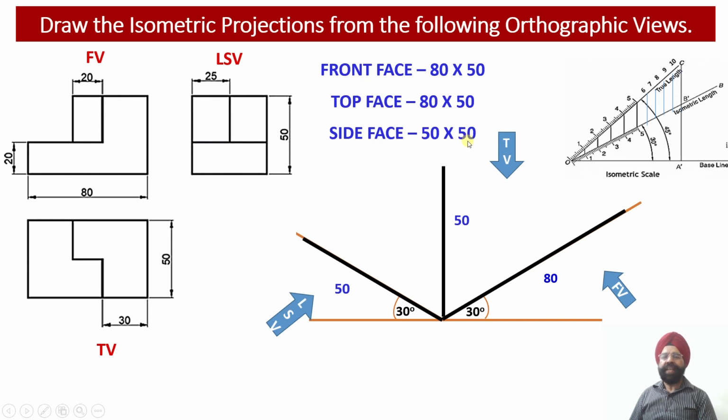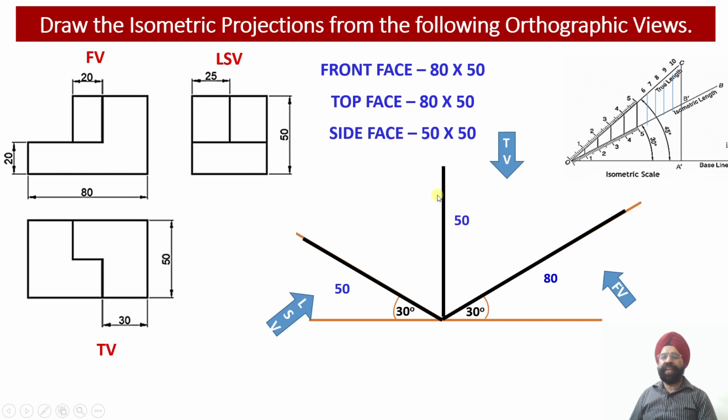Now let us see in which orientations we have to draw all these faces. Here we have the isometric construction, or the isometric axes. This is our x-axis, this is our z-axis, and this is our y-axis.